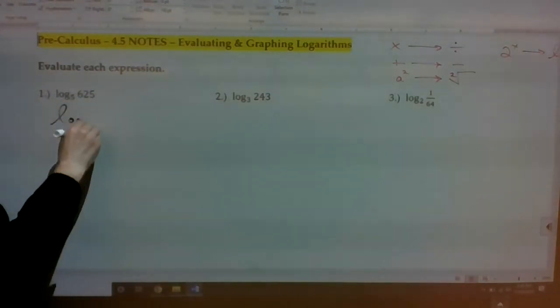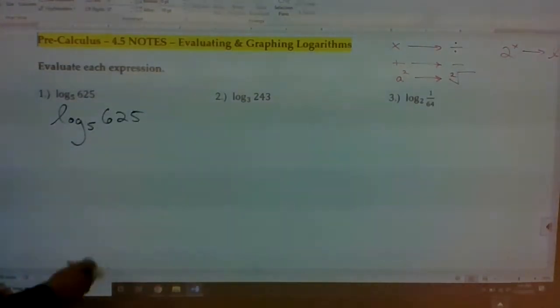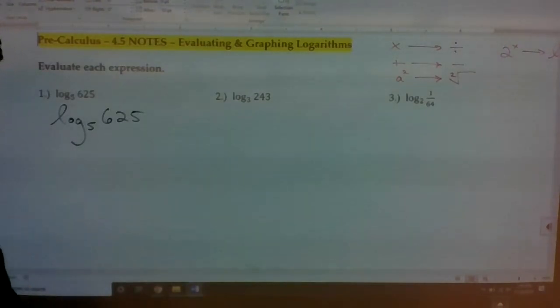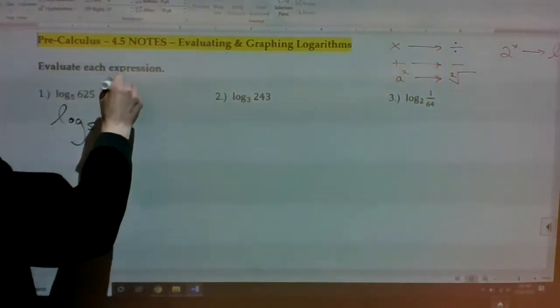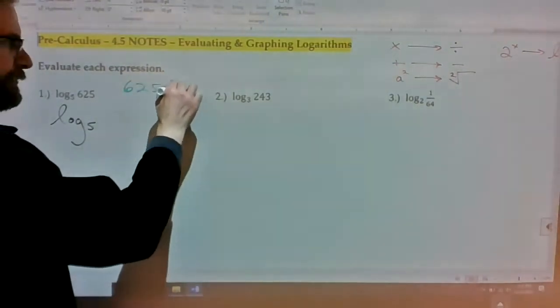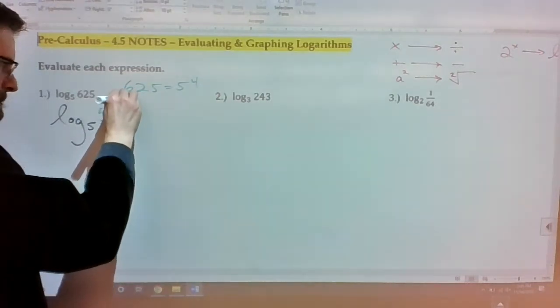So log base 5 of 625. Can I rewrite 625 as a power of 5? And from some previous lessons, you guys realized that 625 is equal to 5 to the 4th power. So I'm going to rewrite this as log base 5 of 5 to the 4th power.